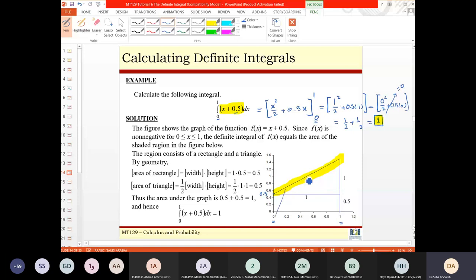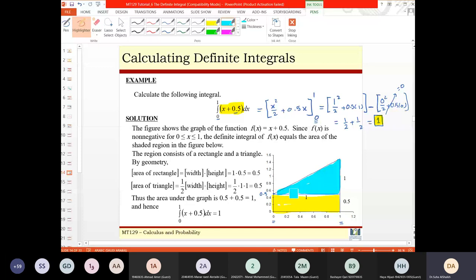So I'm talking about this area. I can divide this area into two parts: one part like a rectangle, and one part as a triangle. Right? We divided it into two parts, a rectangle and a triangle.